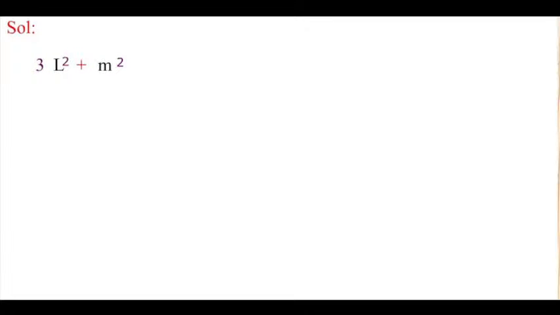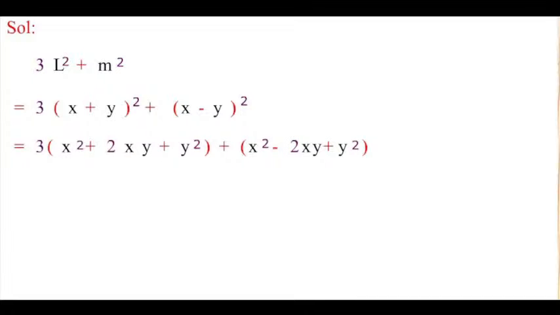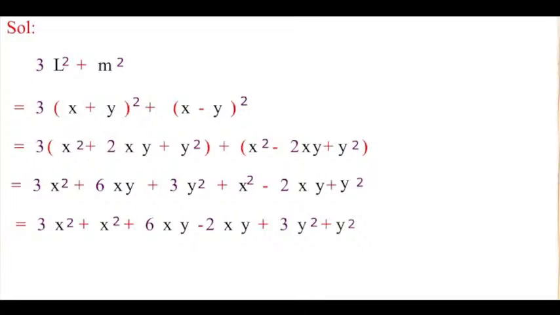Solution. 3L squared plus m squared equals 3 times x plus y all squared plus x minus y all squared equals 3x squared plus 2xy plus y squared plus x squared minus 2xy plus y squared equals 3x squared plus 6xy plus 3y squared plus x squared minus 2xy plus y squared equals 3x squared plus x squared plus 6xy minus 2xy plus 3y squared plus y squared equals 4x squared plus 4xy plus 4y squared.